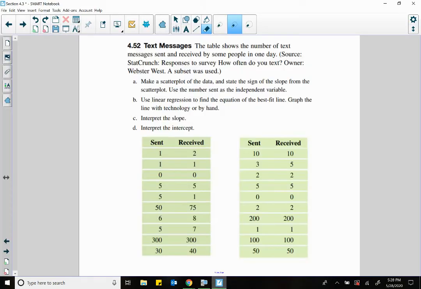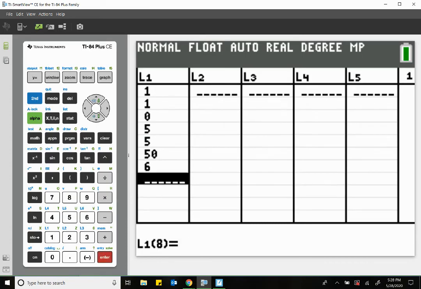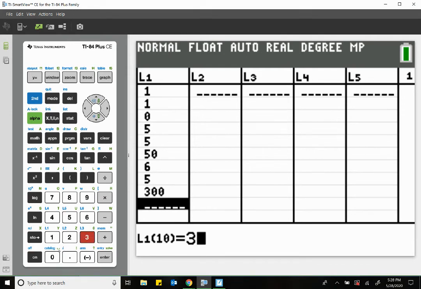Then after that, we've got 6, 5, 330. So there's our first column.